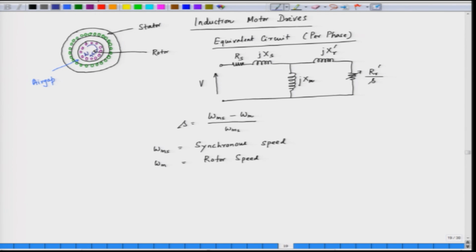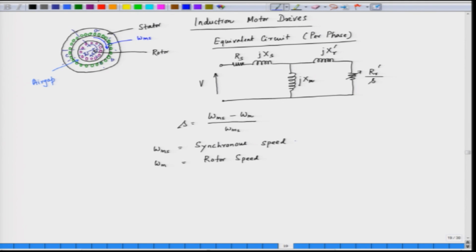So, we have phase A, phase B, and phase C, and the stator produces a rotating magnetic field, and the rotating magnetic field rotates at a speed which is omega ms.